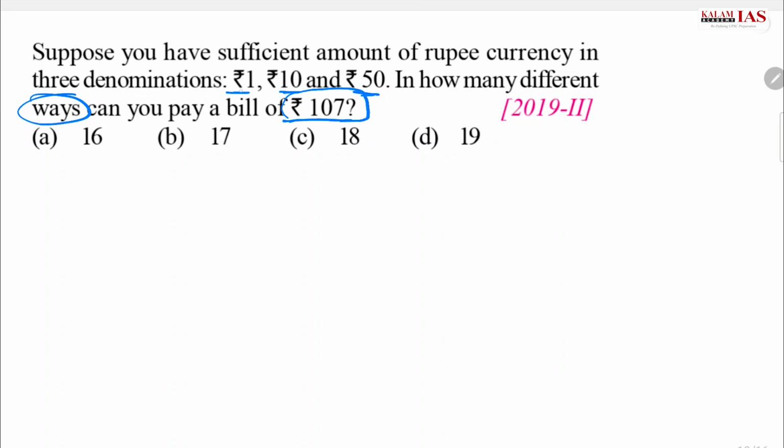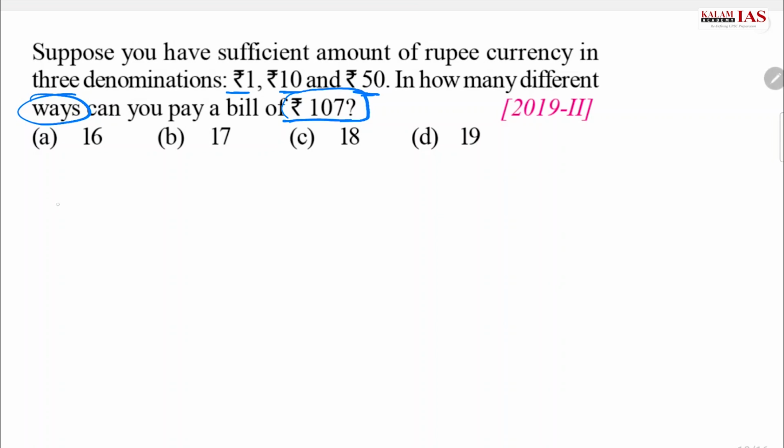हम सारे 1 रुपये भी ले सकते हैं, हम 1 रुपये और 10 रुपये भी ले सकते हैं, हम 1 रुपये, 50 रुपये और 10 रुपये तीनों भी ले सकते हैं. हमें टोटल 107 रुपये का बिल भरना है. Now we can start with rupees 50.